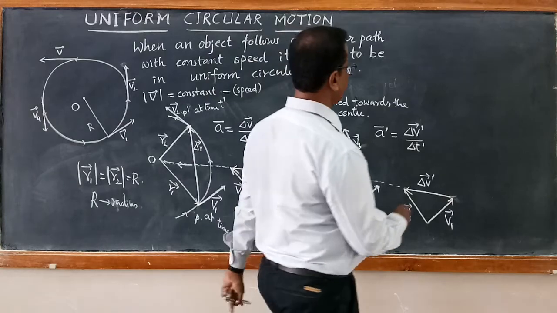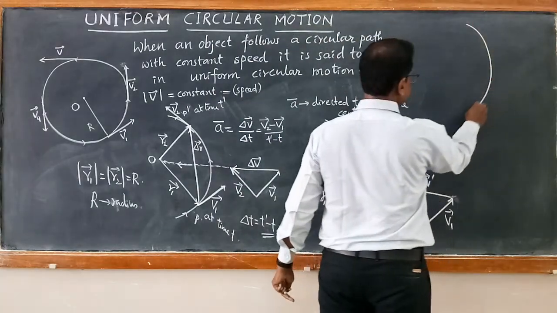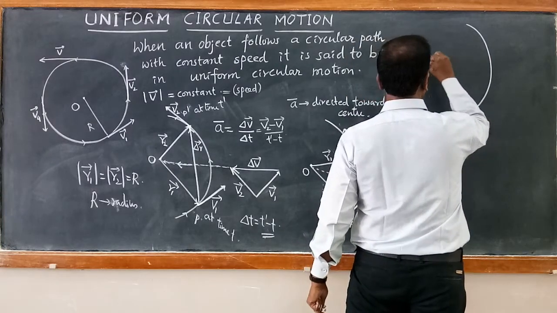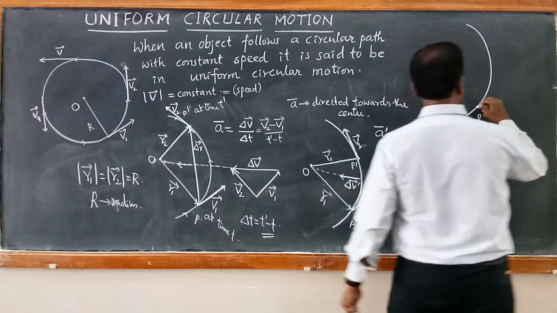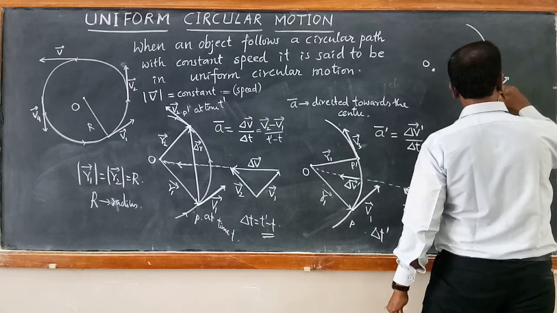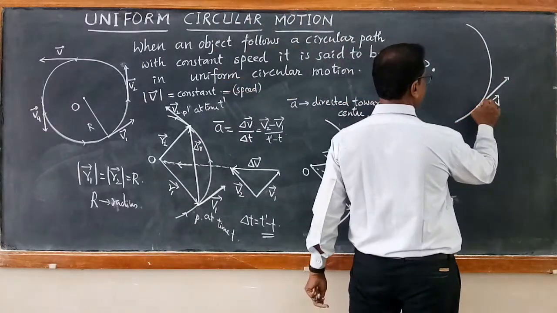So if you draw the diagram, here I am drawing the diagram. This is the center and this is the point P, and we have drawn the velocity vector. This is the linear velocity vector. Then point P dash will be almost close.